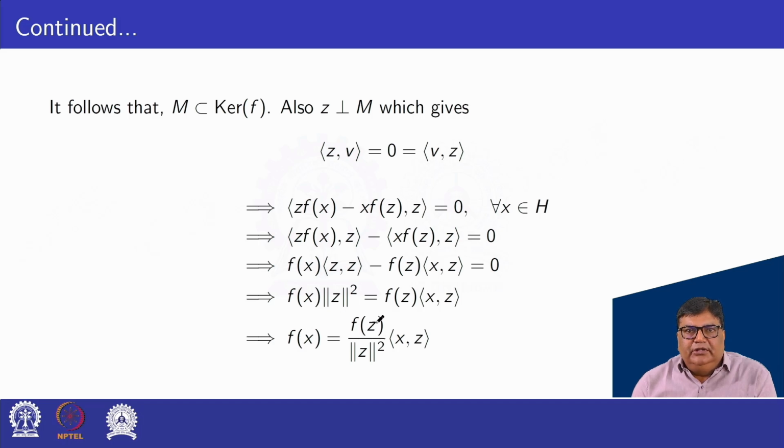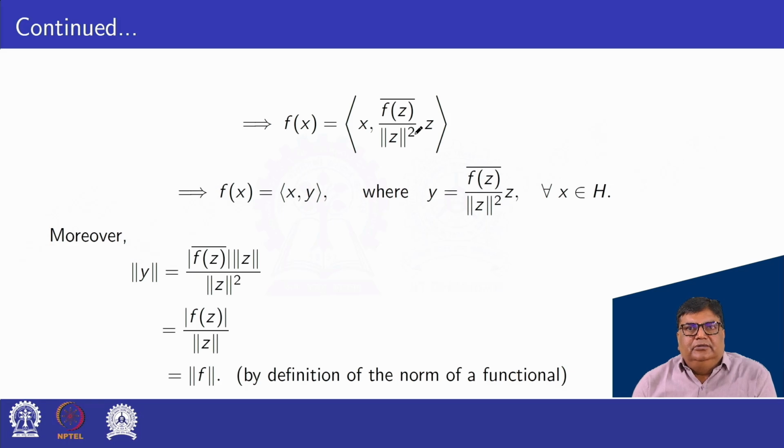f(x) is equal to inner product of x and the conjugate complex of f(z) upon norm z square into z. That is this one. So we have proved f(x) is equal to inner product of x, y.